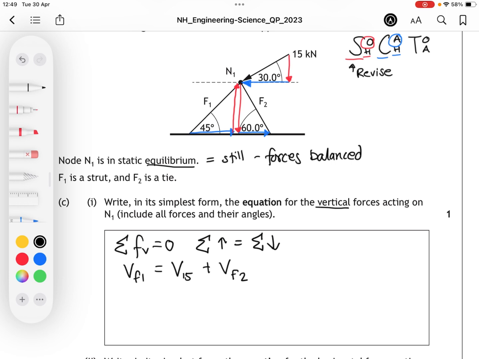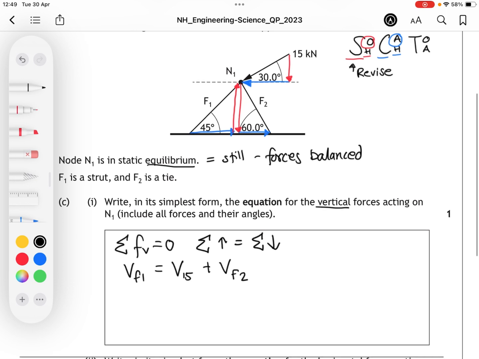So then if I look now at what I've written in the box, if I want my vertical component of F1, I am going to say that that is going to be F1 times sine 45.